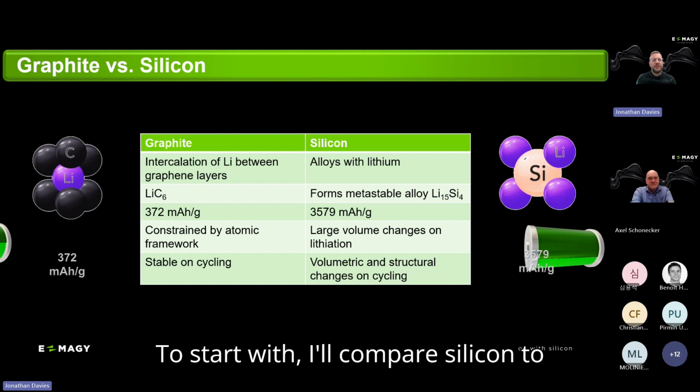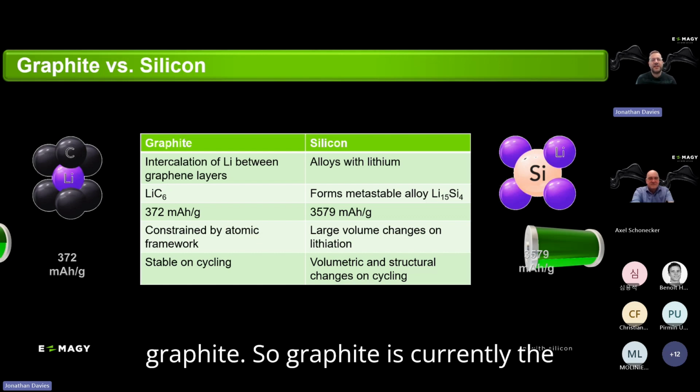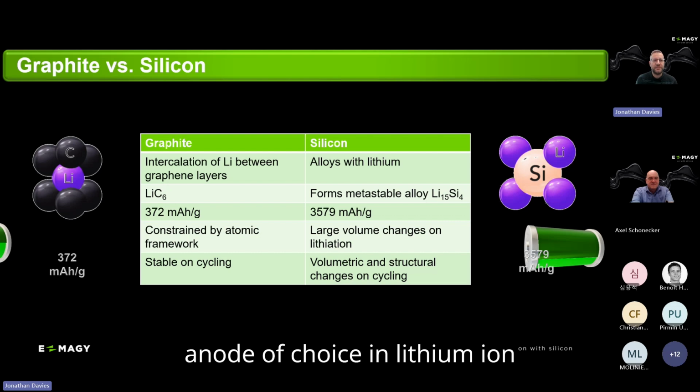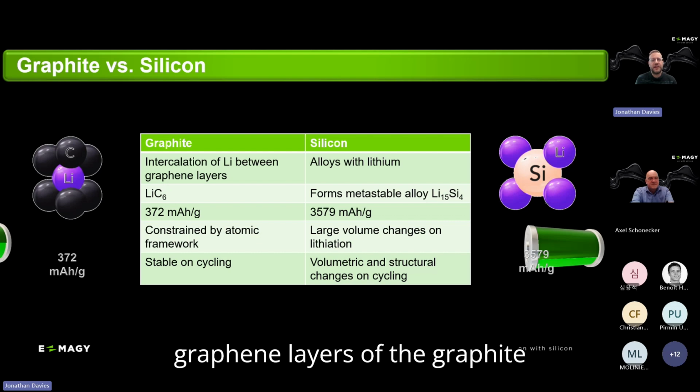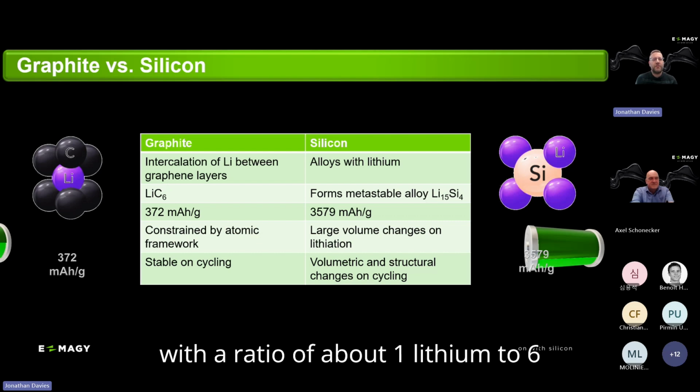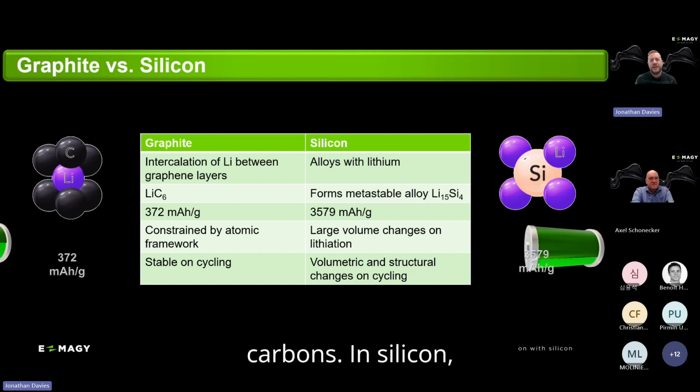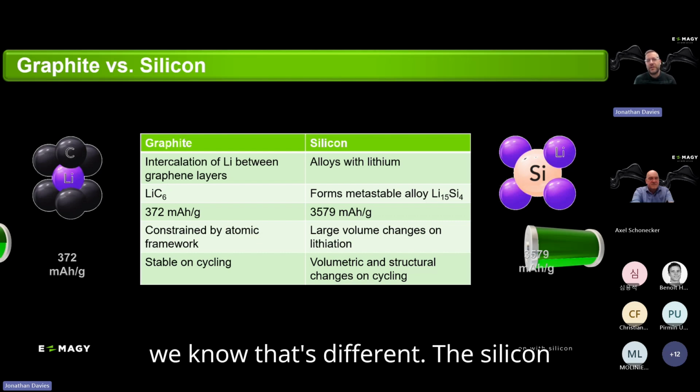Now, to start with, I'll compare silicon to graphite. Graphite is currently the anode of choice in lithium-ion batteries. In graphite anodes, the lithium intercalates between the graphene layers of the graphite with a ratio of about 1 lithium to 6 carbons. In silicon, we know that's different.